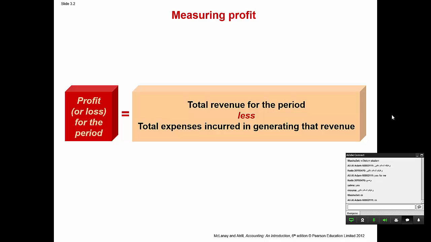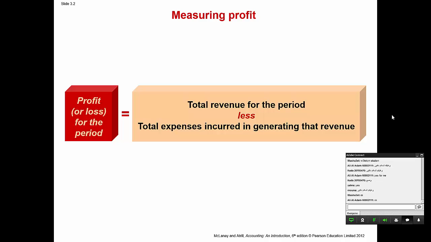For example, some of the organizations prepare the income statement on a monthly basis, so every month they prepare the income statement, and some of the organizations prepare the income statement each quarter. We call it the quarterly based income statement.